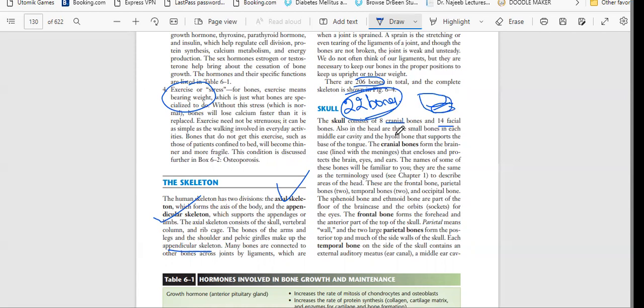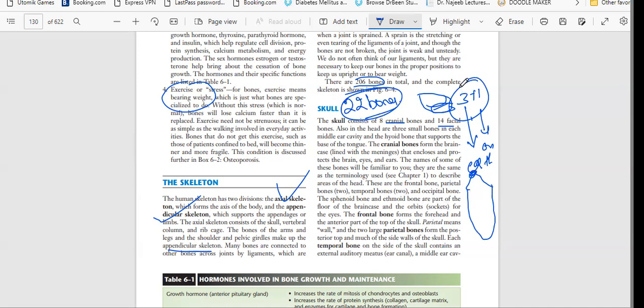Also in the head are 3 small bones in each middle ear cavity, and the hyoid bone that supports the base of the tongue. So other than this, we have 3 plus 1 small bones present in the ear and supporting the tongue. The tongue is connected to the bone called the hyoid bone.